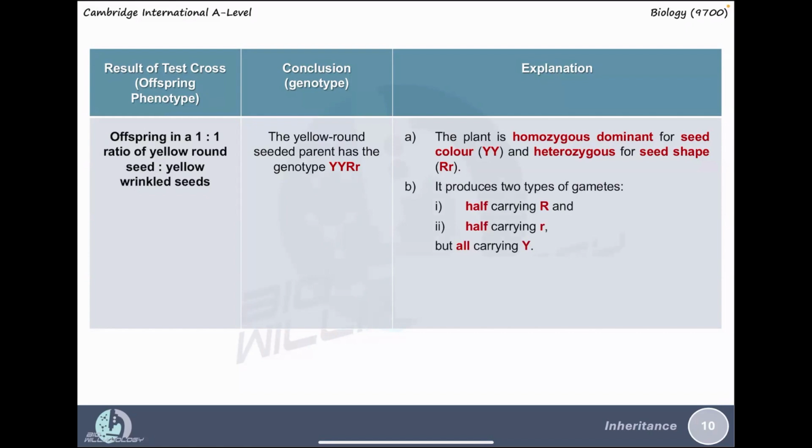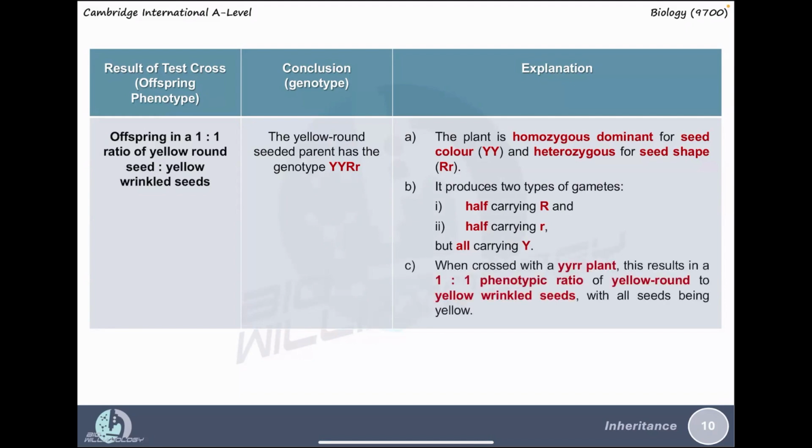This parent produces two types of gametes, half carrying dominant R and the other half carrying recessive r, but all gametes carry dominant allele Y. So when crossed with a homozygous recessive plant, this results in a 1 to 1 phenotypic ratio of yellow round to yellow wrinkled seed. Based on this result, we know that yellow in all offspring definitely indicates that the parental genotype must be homozygous dominant for allele Y but heterozygous for allele R.